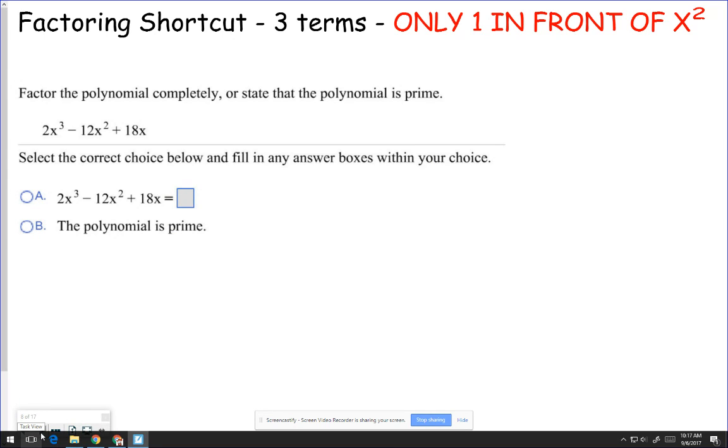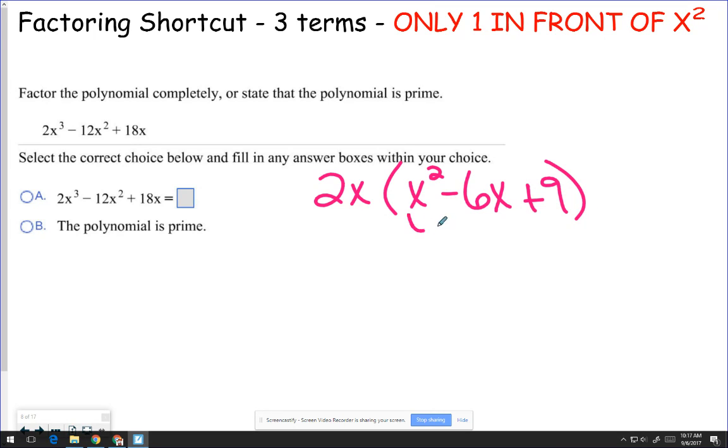Okay, still doing the factoring. 3 terms, take out the GCF. Looks like 2 and x go into all 3 of those terms. So I'd end up with x squared minus 6x plus 9. Now I'm looking at this inside guy. Notice that A is 1 here.